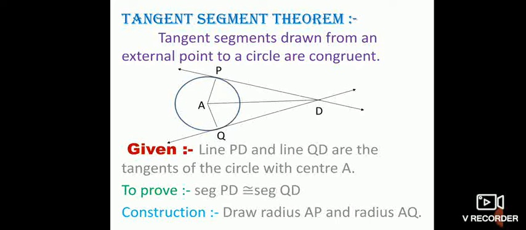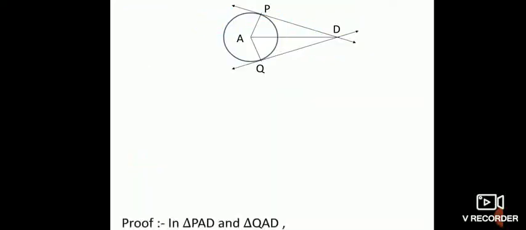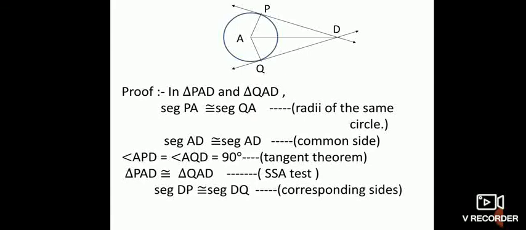AP and AQ are the radii of the circle with center A. Then in the figure we get two triangles, triangle PAD and QAD. Both these triangles are right angle triangles. Observe these triangles and tell me which contents of the triangles are congruent.